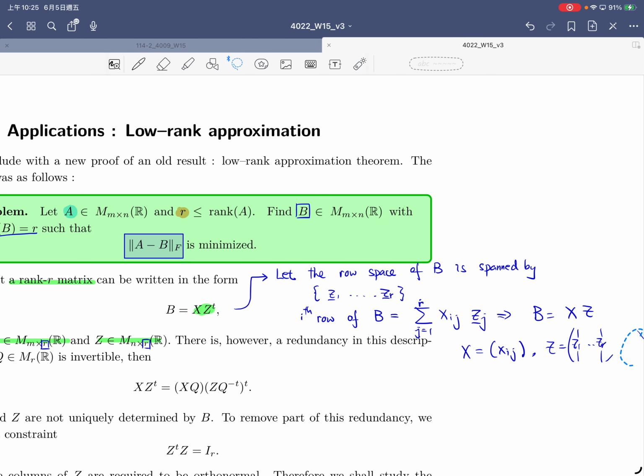So this is not a difficult procedure. It's just to analyze the row space of the given matrix B, but because this is rank R, I can span it by using R column vectors. You write all the rows of B one by one as a linear combination of z1 to zR, then I create this factorization. Oh, sorry, transpose.